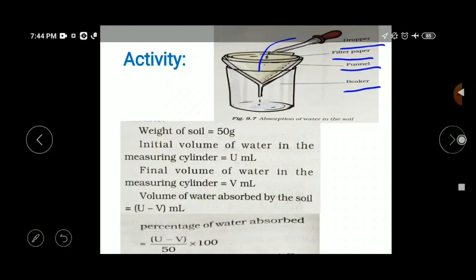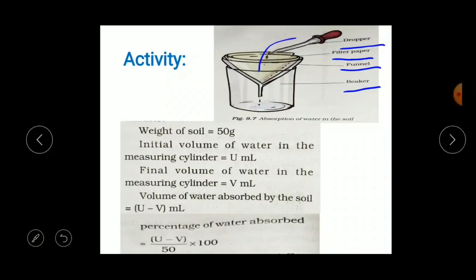Next, measure a certain amount of water in a measuring cylinder and pour it drop by drop on the soil. In the laboratory you get a measuring cylinder which has numbers on it. Take water into this measuring cylinder and start pouring it onto the soil in the filter paper drop by drop.